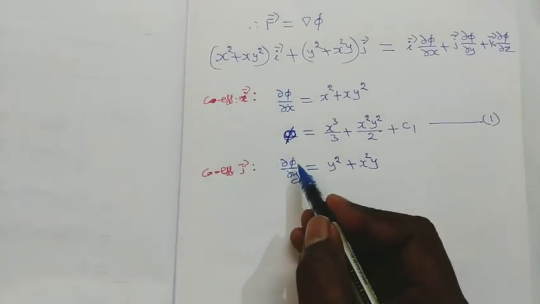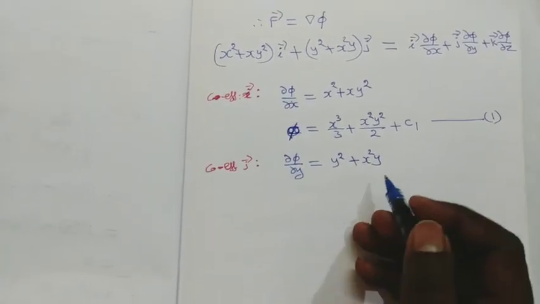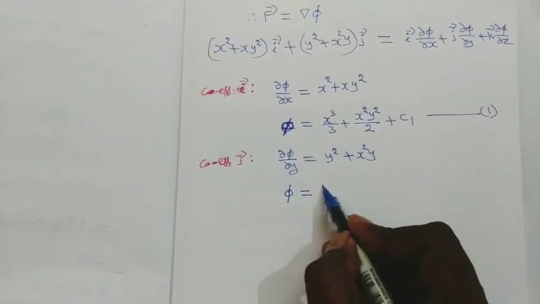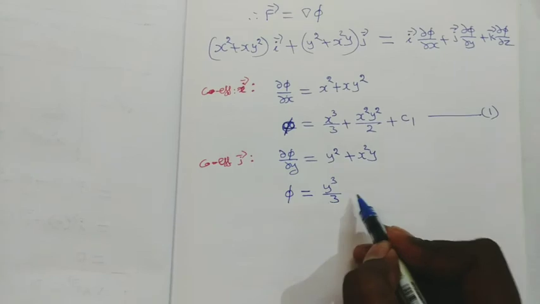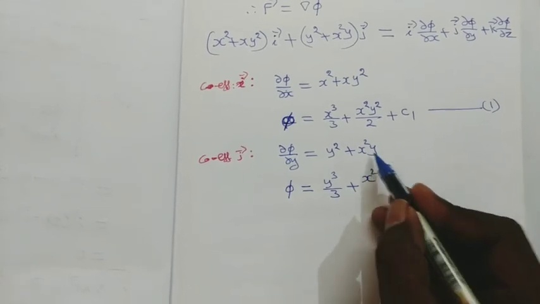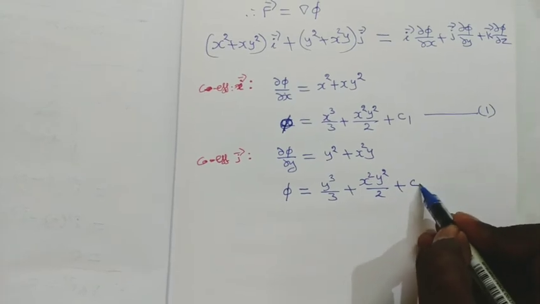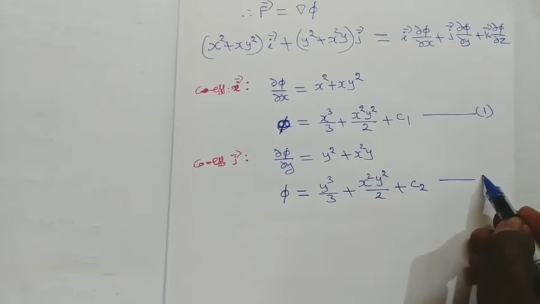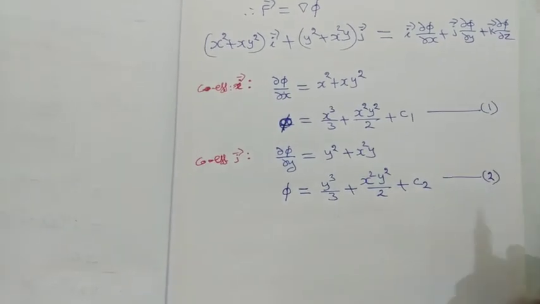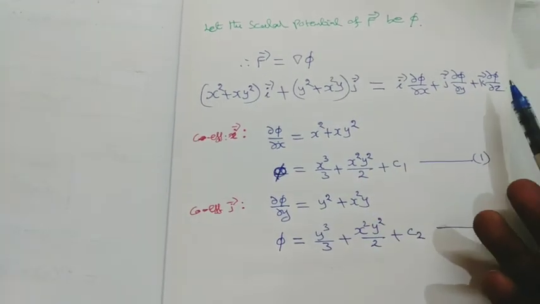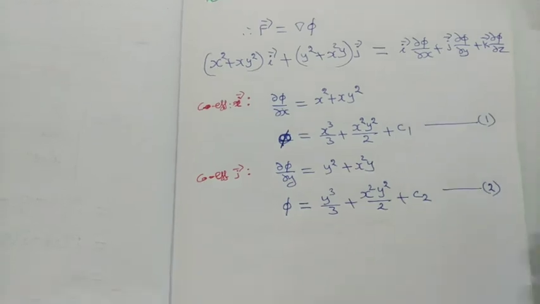To find the phi value, integrating with respect to y on both sides, this becomes phi. The integral of y² is y³/3 and of x²y is x²y²/2, plus integral constant c2. Take this as equation number 2. There is no need to equate the k coefficient because there is no k coefficient. When you equate, the value becomes 0, so we can leave it.